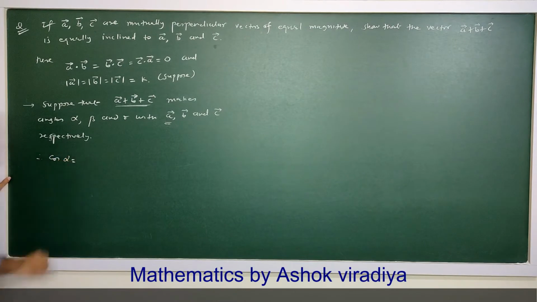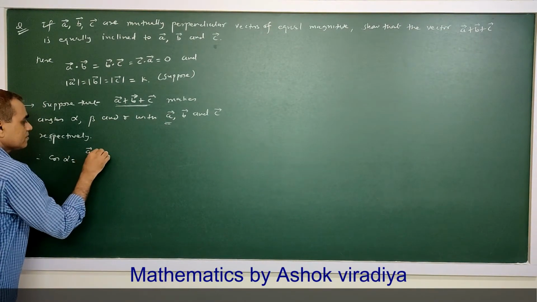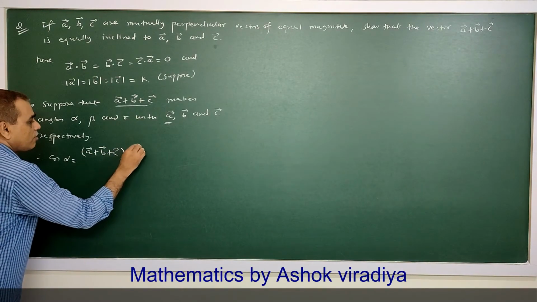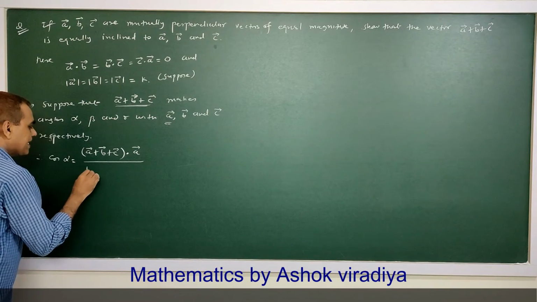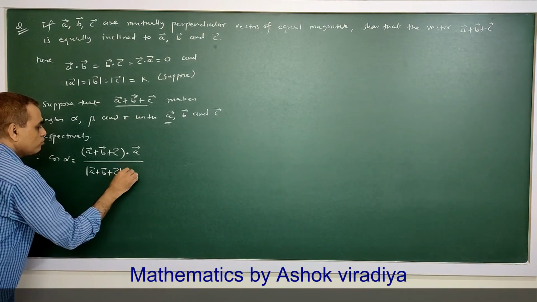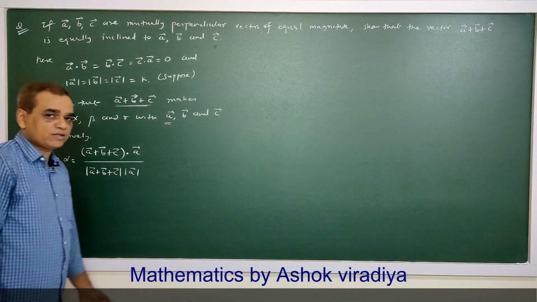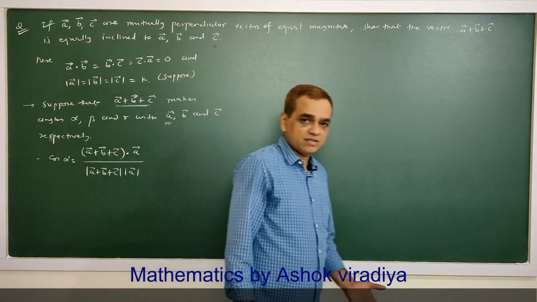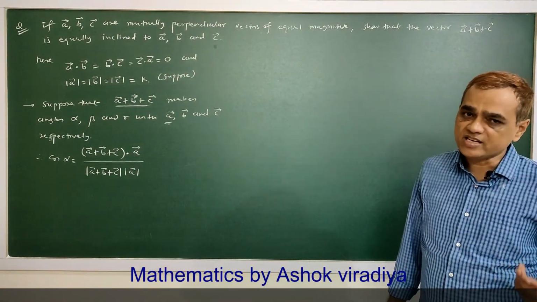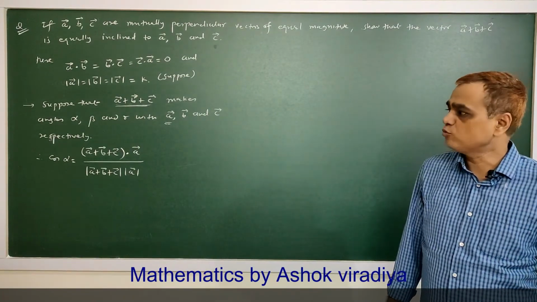Now first of all, applying the formula for these two vectors, the angle between them is alpha, therefore cos alpha is the dot product of these two vectors upon magnitude of vector A plus B plus C into magnitude of vector A. We have a formula to find the angle between two vectors: if the angle between vectors x and y is theta, then cos theta is x dot y upon magnitude x into magnitude y.